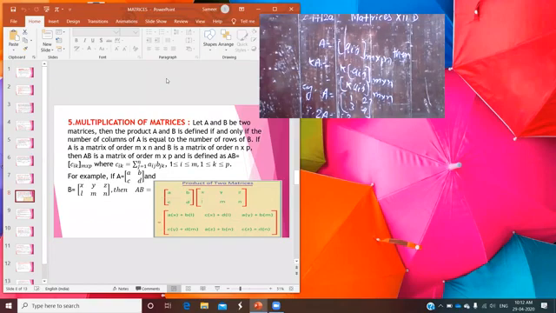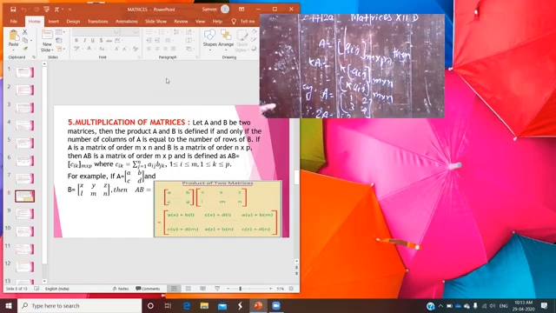Suppose you have a matrix A and a matrix B. The multiplication between any two matrices is possible if the number of columns of matrix A is equal to the number of rows of matrix B. If that type of condition exists between the two matrices, then the multiplication between them is possible.